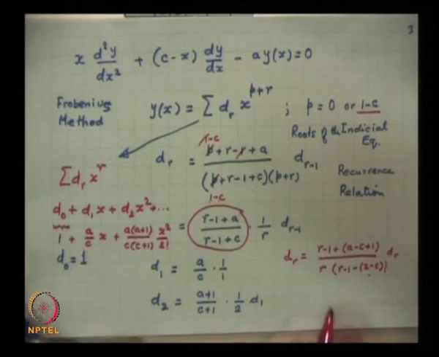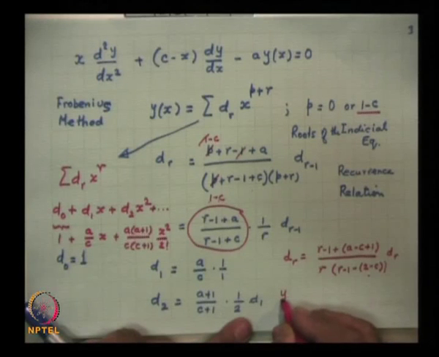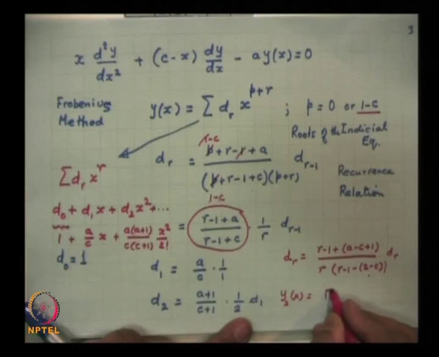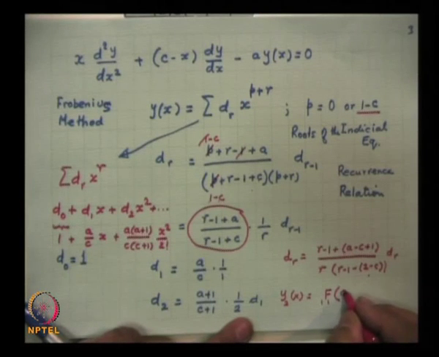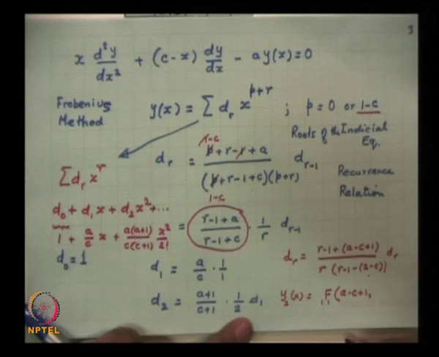So, therefore, the second solution y2 of x will be f11, for a, I must write a minus c plus 1, for c, I will write 2 minus c, and x.